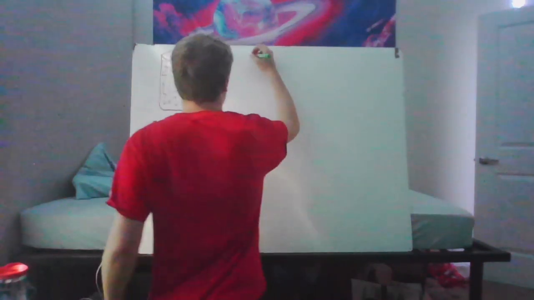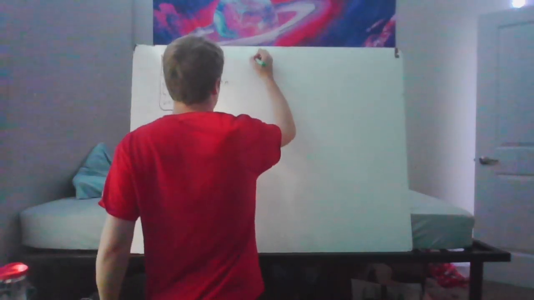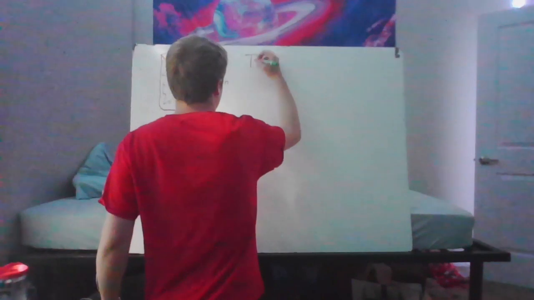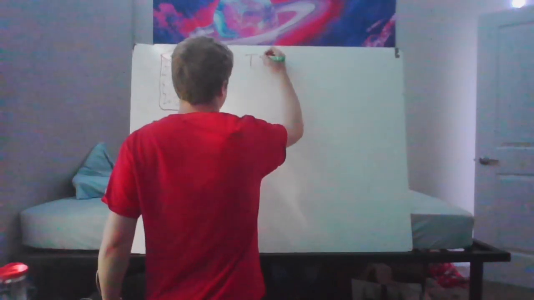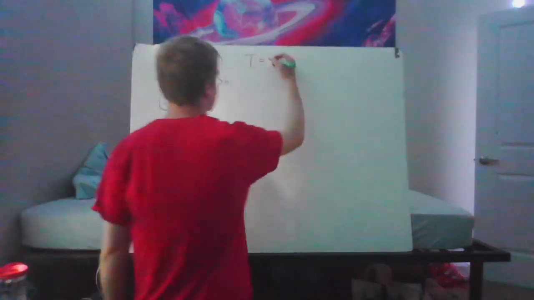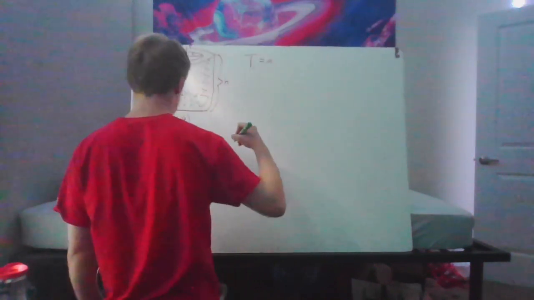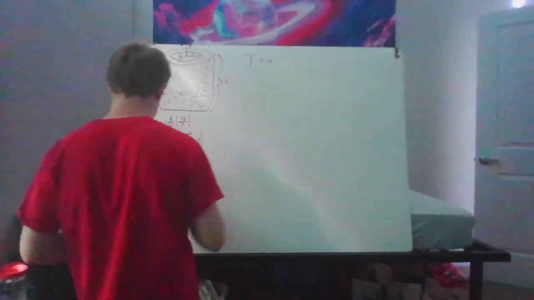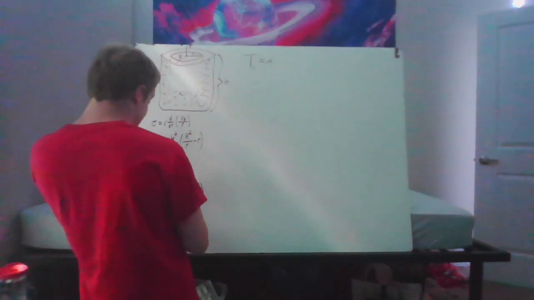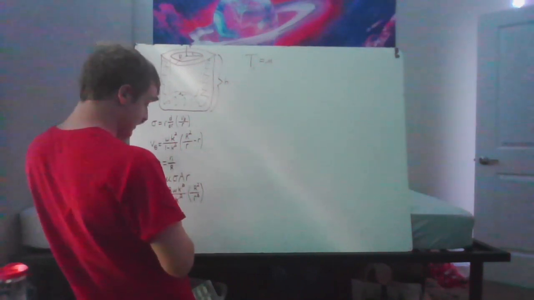So the torque on the inner cylinder is going to be equal to, and we're just going to use this here, viscosity times our shear rate at the inner radius.